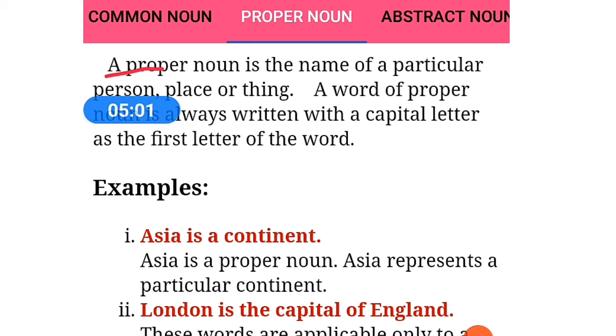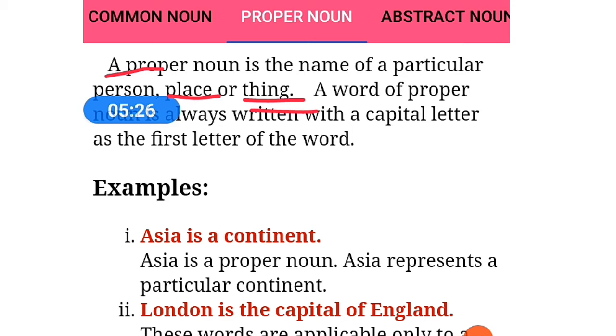Delhi is also the name of a place, which is in India, the capital of India. We will write D in capital. This name of a place is Delhi, therefore Delhi became a proper noun.